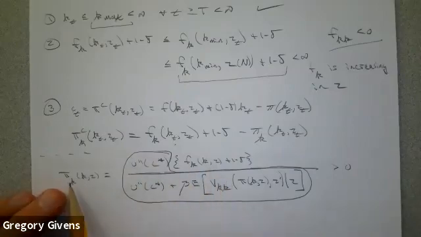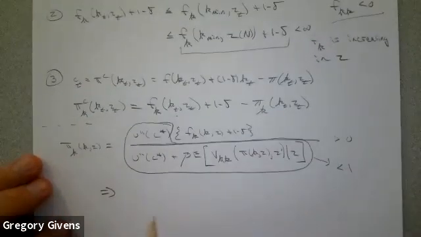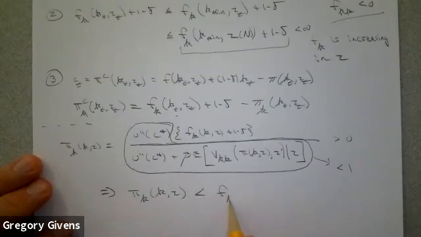So what does that mean about the relationship between pi sub k and this marginal product of capital term? This thing here is less than 1, so that implies then that pi sub k of kz is strictly less than f sub k kz plus 1 minus delta, right?